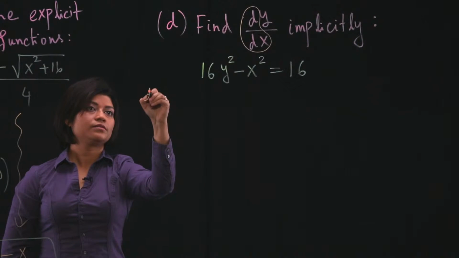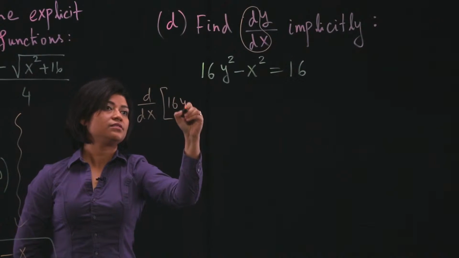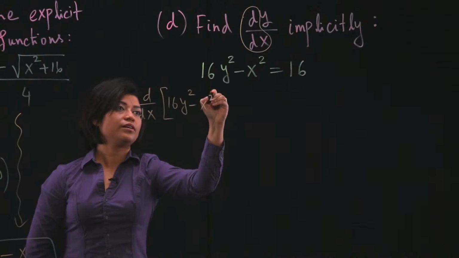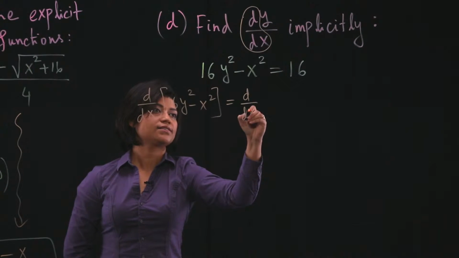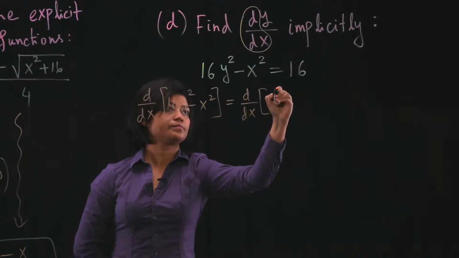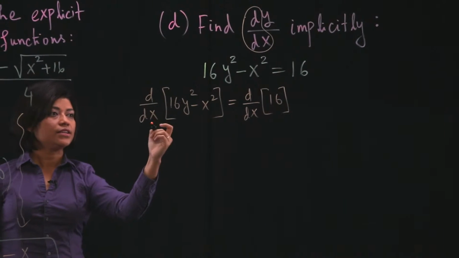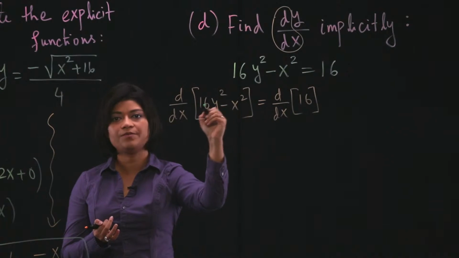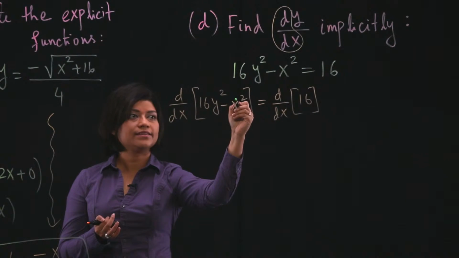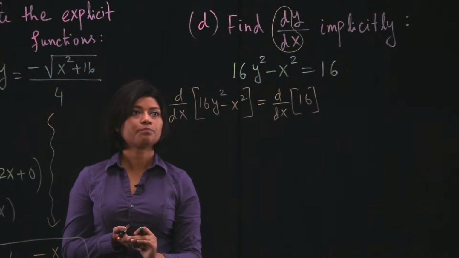So first step will be, we do d dx of 16y squared minus x squared, and the right hand side as well, this is equal to d dx of 16. It's a good idea to write it down so that you notice where you have a different variable y and the same variable x. So it's always a good idea to write it down.